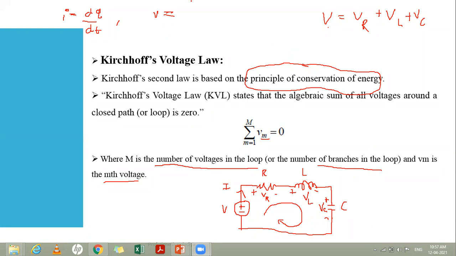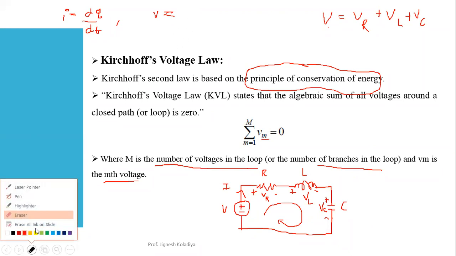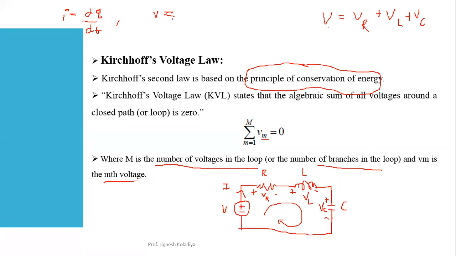V is equal to dW by dq. Okay, voltage V can be written like this, dW by dq.